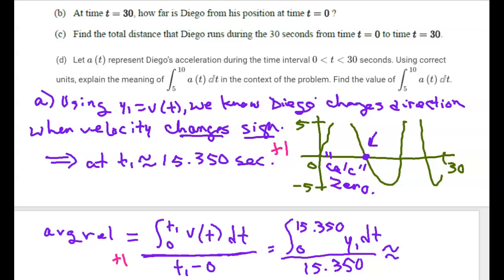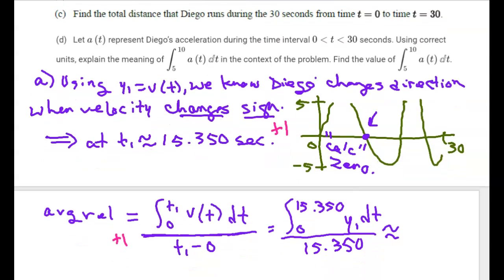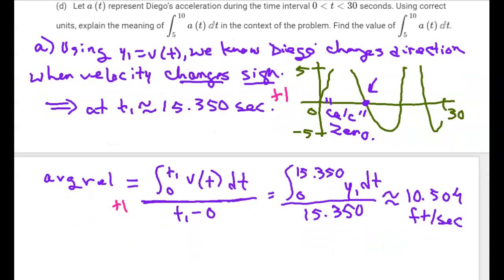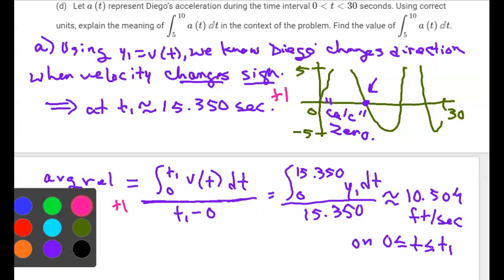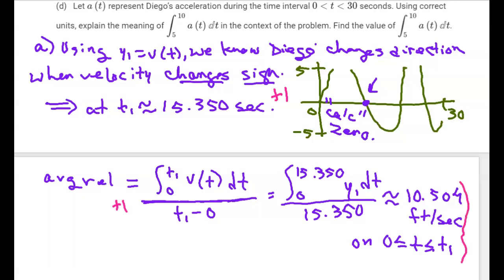And my result is approximately 10.504 feet per second on the interval from 0 to that t sub 1 that we found. The solutions were very specific on giving those time intervals, so I'm going to include those in all of my answers here. And I got a point for this. Okay, so there's the 3 points for part A.